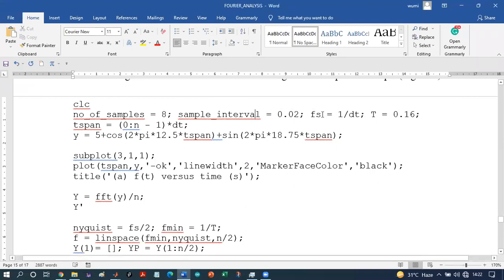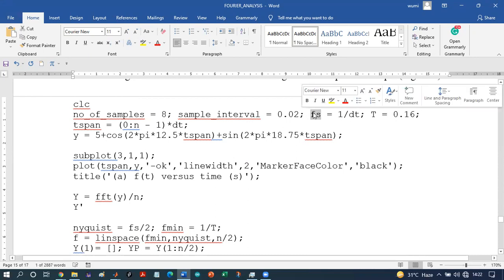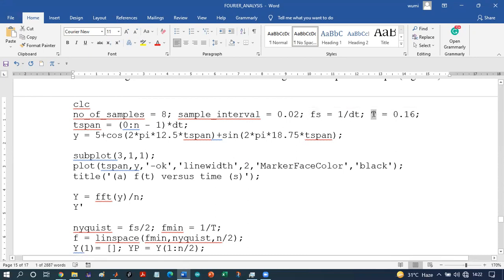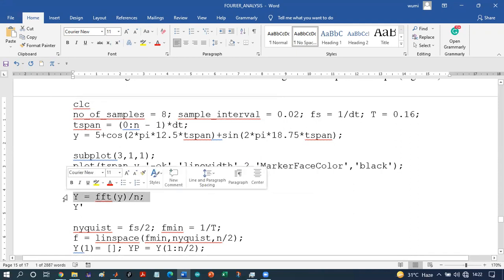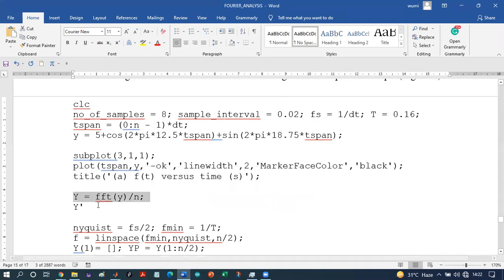Then instead of f of s, you can name this one sampling frequency. Instead of t, you can name this one sample length. So this can change. It's just a variable name, but this is a function. This is the function that does the f of t. This is actually the most important line in the code.